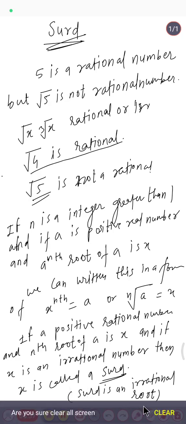So we'll see some examples by which you are able to understand properly. For example, in a surd, here it's the nth root.